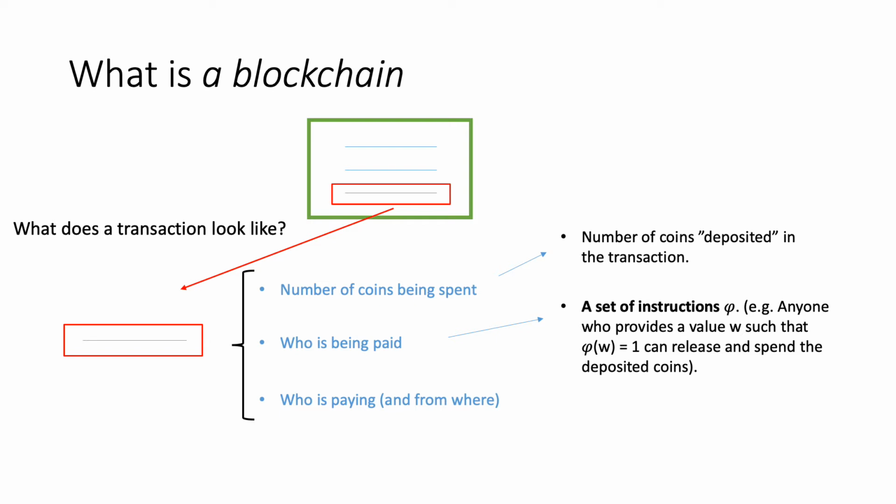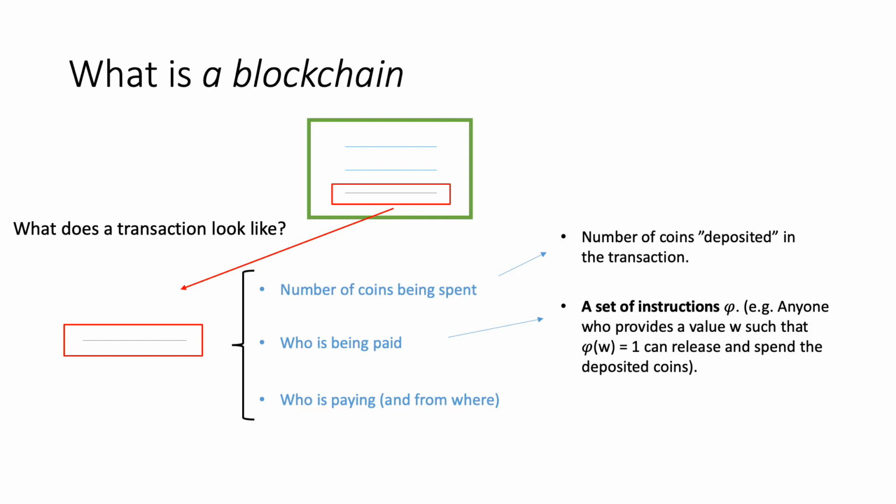And phi, for example, could be a circuit, and the instructions could be: anyone who provides a value, call it a witness W, such that phi of W equals 1, gets to release and spend the deposited coins. So the point is that if there is a unique user who possesses a witness W such that phi of W is equal to 1, then this user is effectively the owner of the coins deposited.